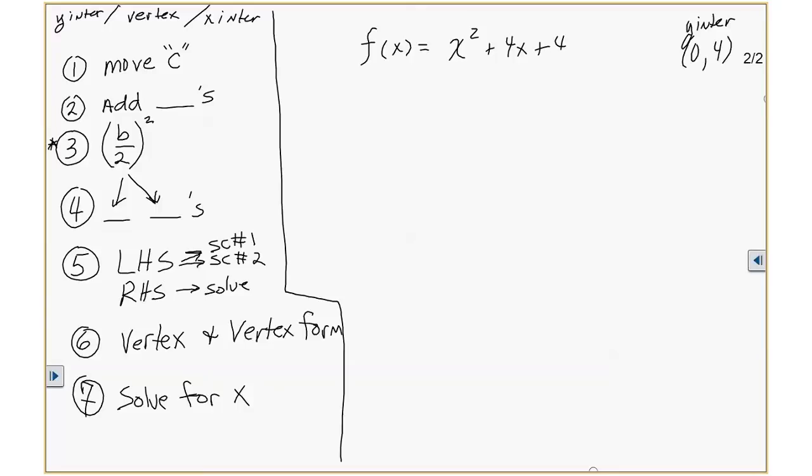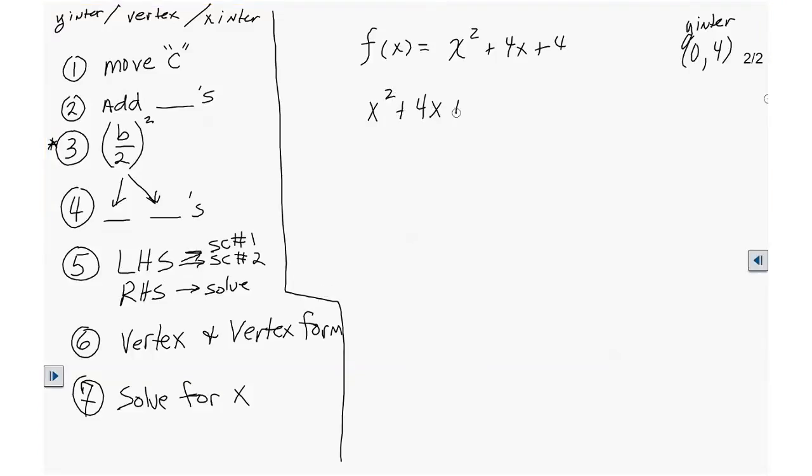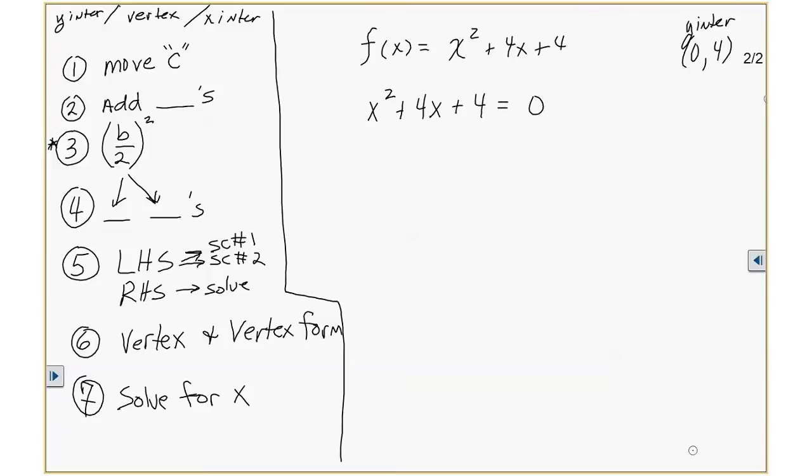Now to start to complete the square, you've got to set the equation equal to what? You've got to plug in 0 for y. So x squared plus 4x plus 4 is equal to 0. Now you've started finding the x-intercept because you're plugging in 0 for y, or f of x.